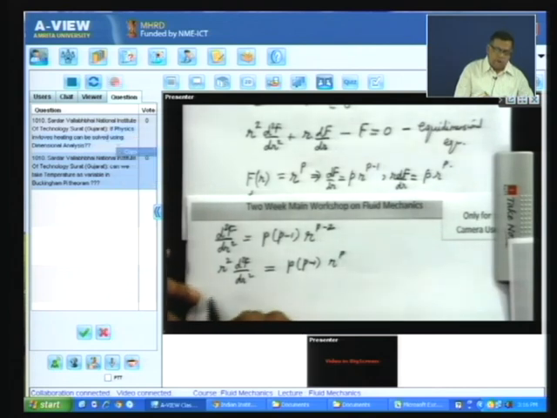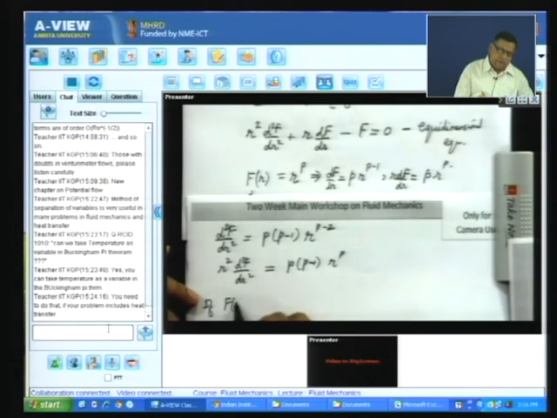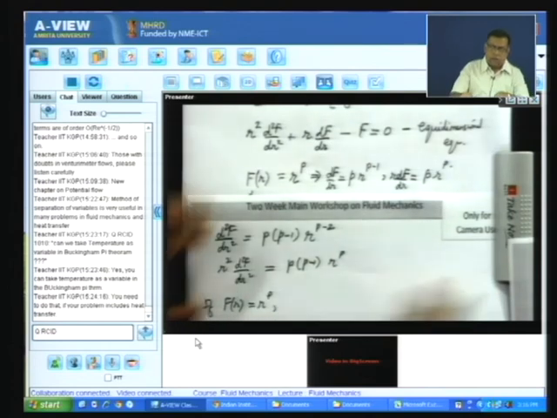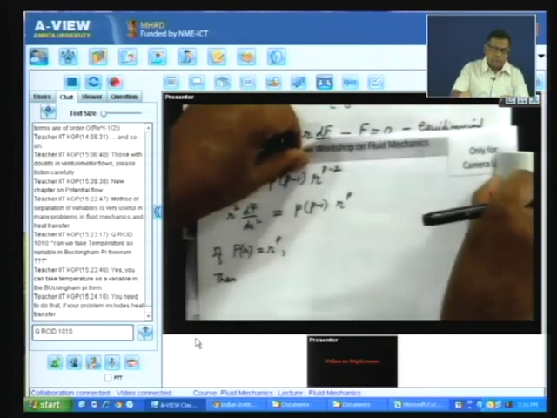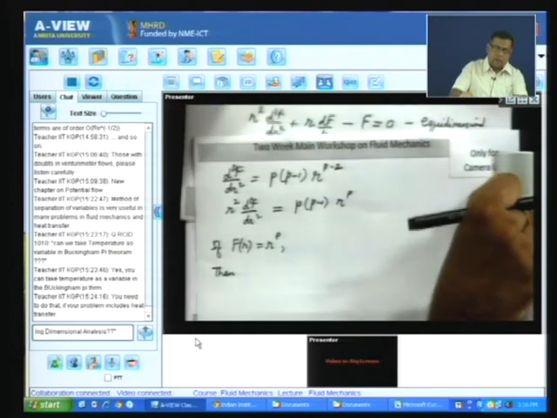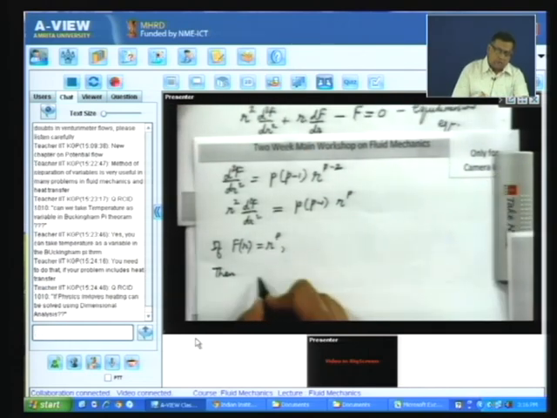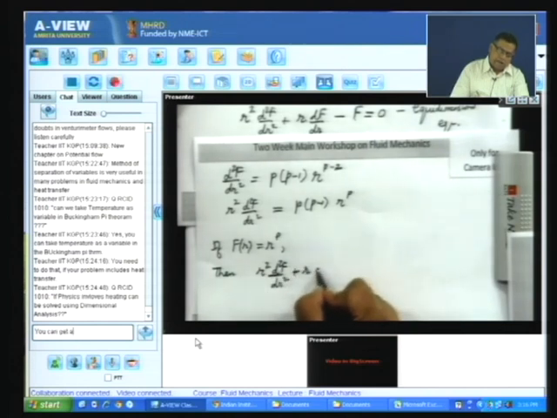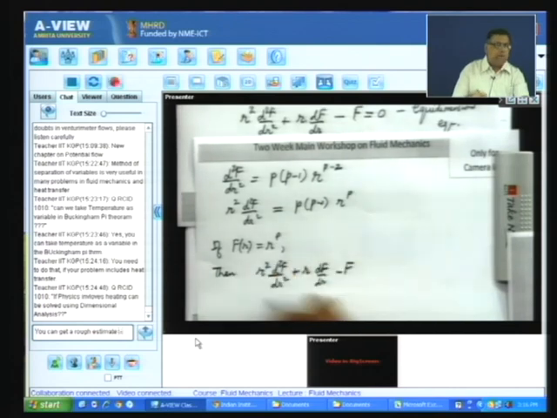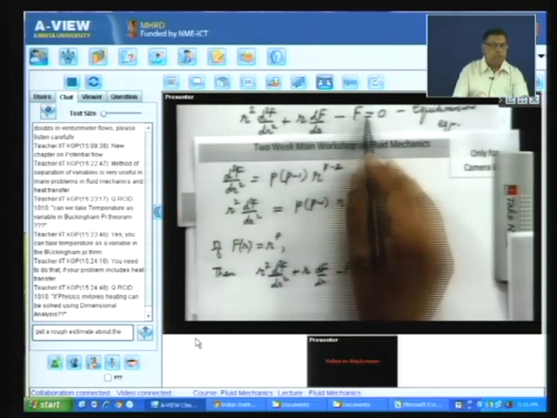So, if f of r is r to the power p, then r squared d2f dr squared plus r df dr minus f, this whole quantity, is the left hand side of the equation which you want to solve.